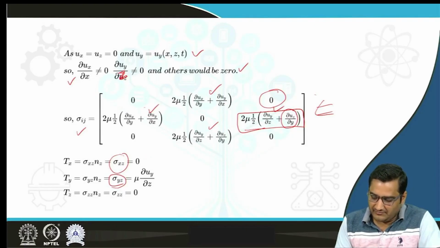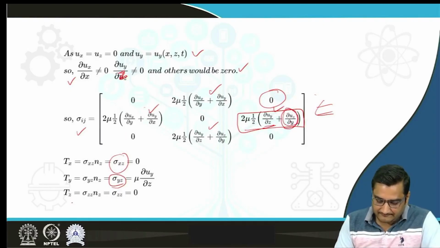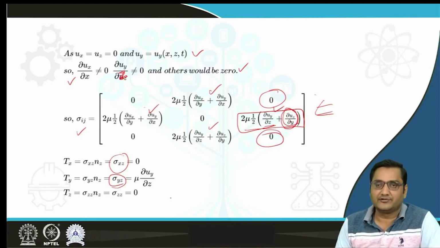So you will remain with mu del uy by del z here, and that is the non-zero term, and this term is 0. And Tz is equal to sigma zz, and that is also 0 here.